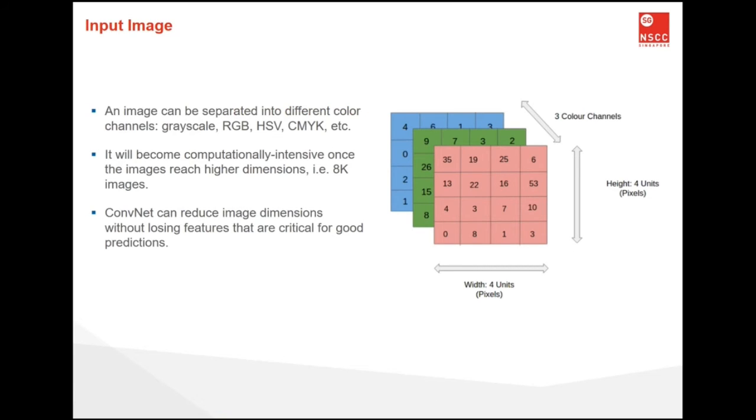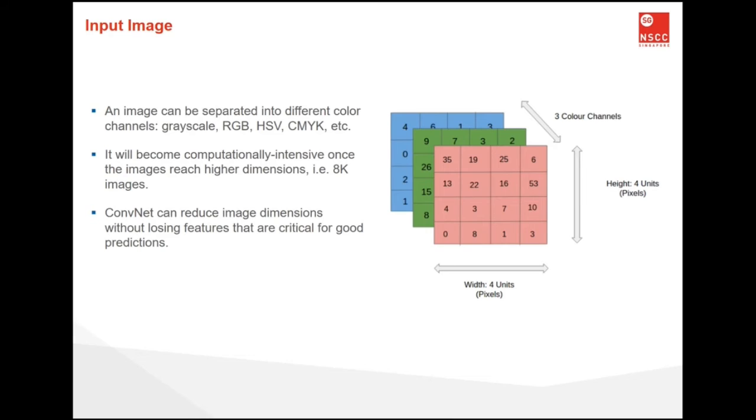In this figure, we have a red, green, blue image, which has been separated by its 3 color channels. There are a number of such color spaces in which images exist: grayscale, RGB, HSV, CMYK, etc. Image input data is expressed as a 3-dimensional matrix of width times height times channels.